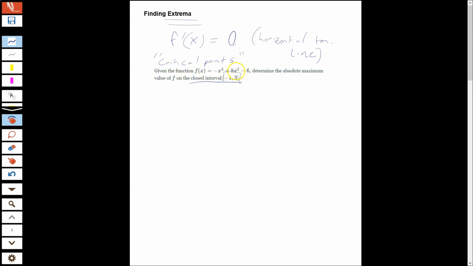So the first step to all of these problems is going to be to find the derivative, and they're all power rule problems, so finding the derivative is easy. You multiply by the exponent, then subtract 1 from it, then the derivative of the constant is 0. So that's my derivative, and then I'm going to set it equal to 0 to find my critical points.